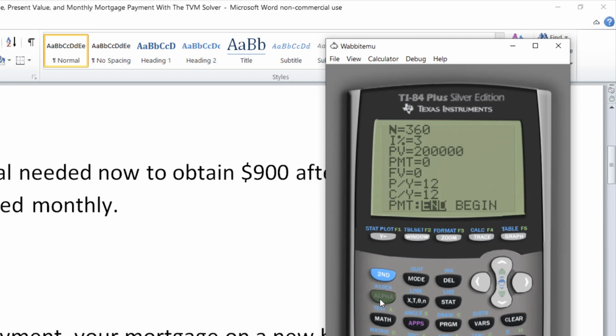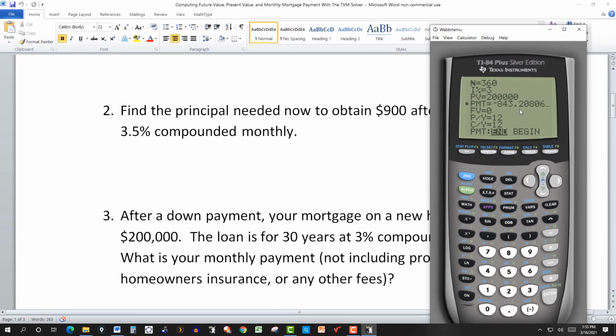Hit alpha and enter, and there it is. You can ignore the negative for now, and your monthly mortgage payment will be $843.21. That's your monthly payment.